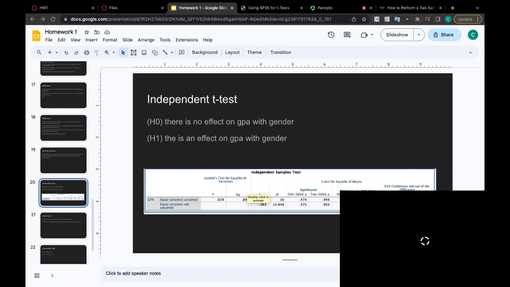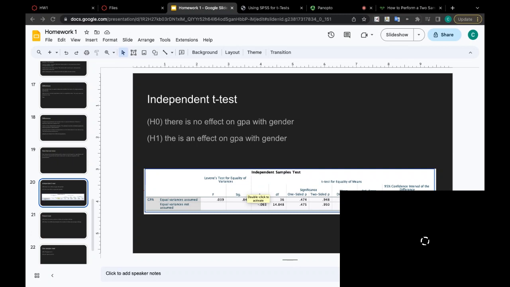The standard deviation is the average deviation. But for GPA, F, the significance. This is what we're checking for. Is this greater than 0.05? Yes.